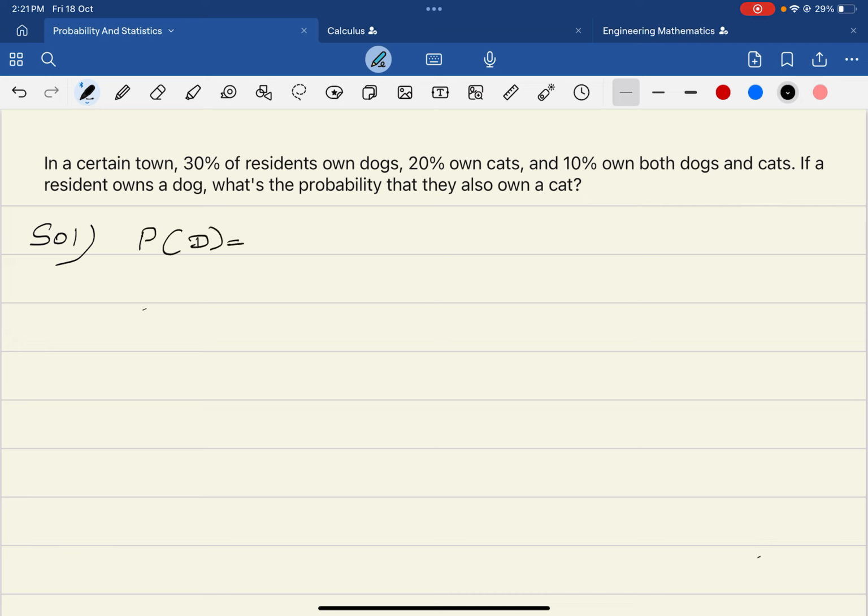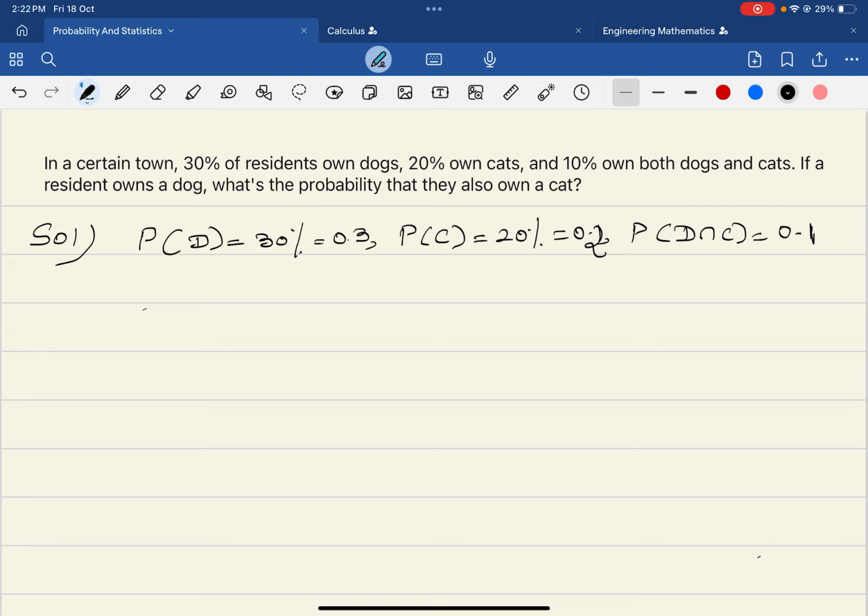It is 30%. 30% means 0.3. And probability of owning a cat is 20%, which is 0.2, and dog and cat, it is 0.1.